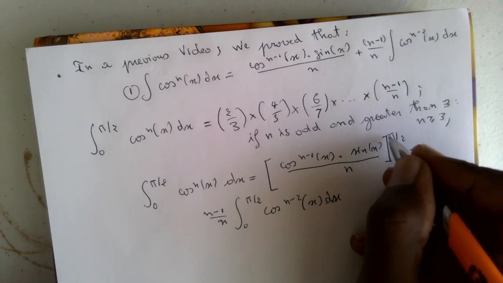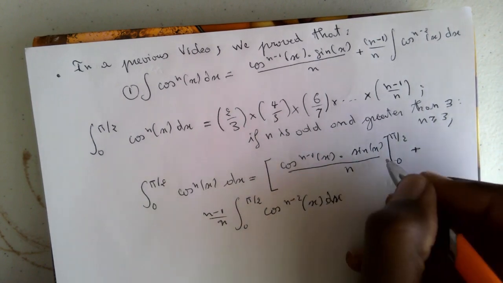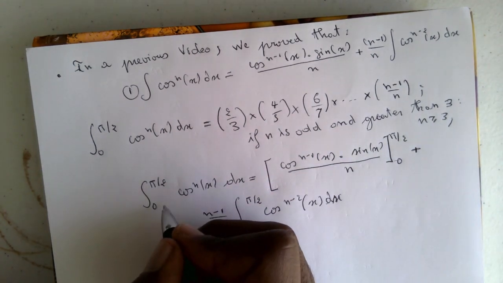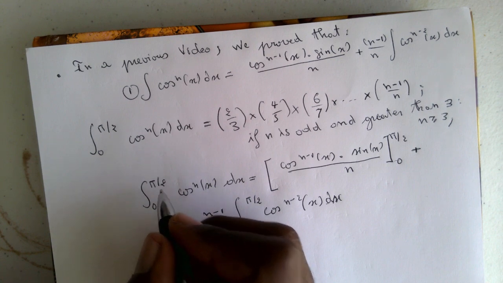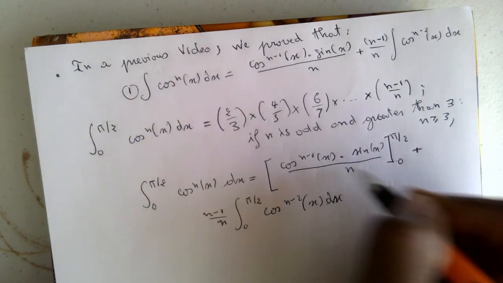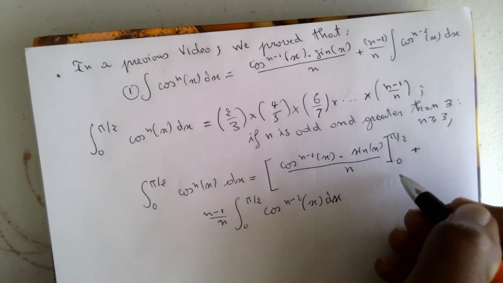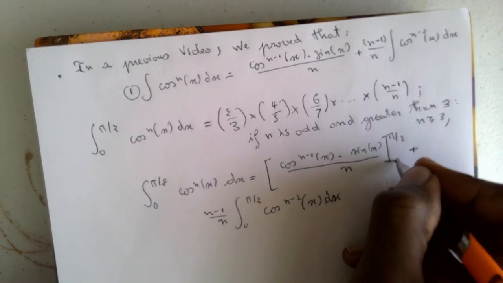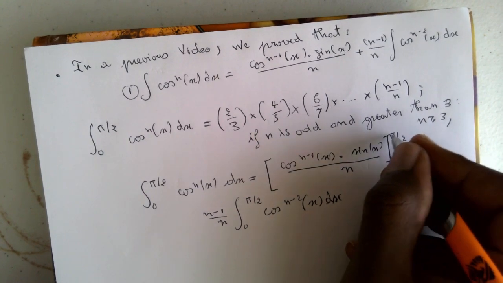The reason we're using square brackets is because this integral is definite, which is not the case for the indefinite one, where we don't have bounds.